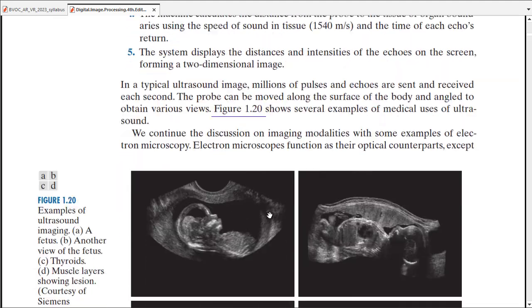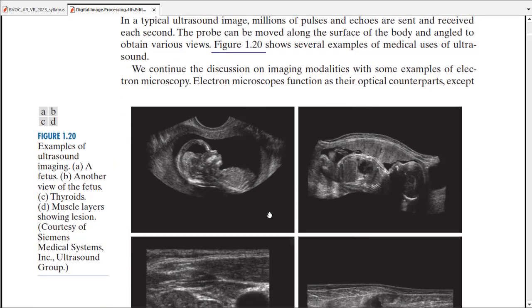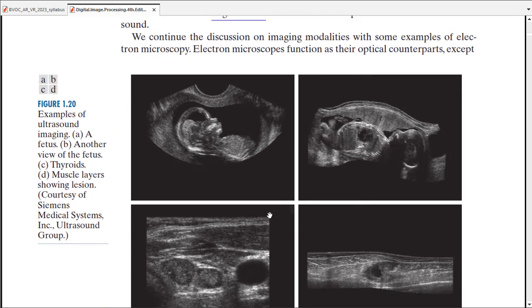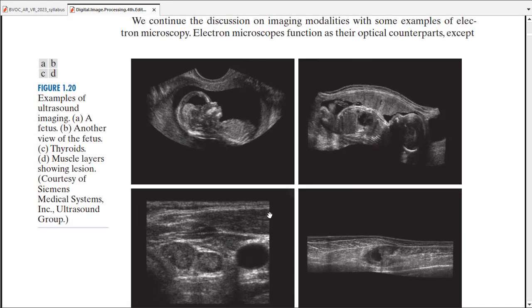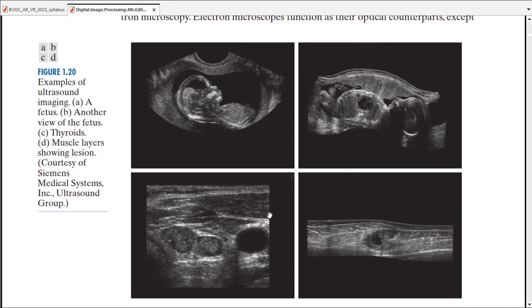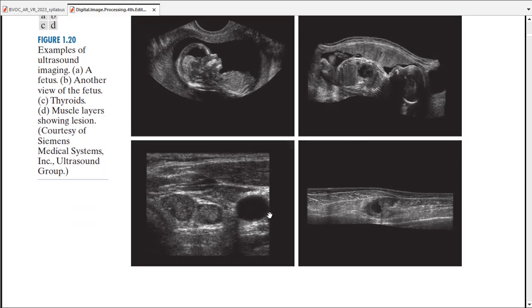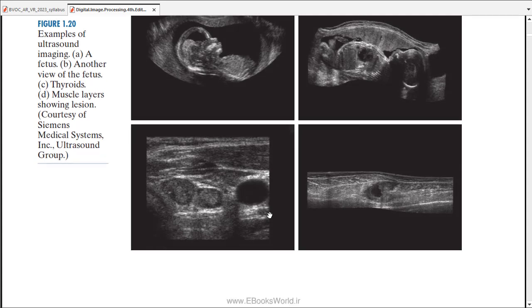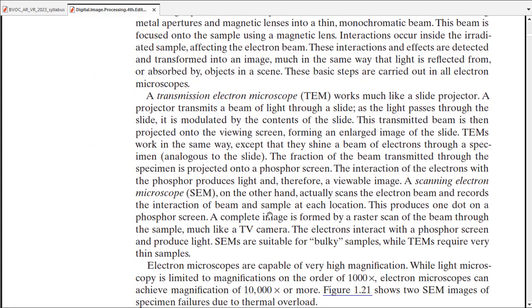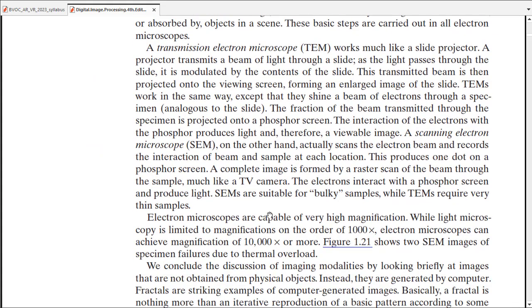There are many types of images. Examples of ultrasound imaging include a fetus, another view of the fetus, and the thyroid or muscle layer showing lesions, courtesy of Siemens Medical Systems ultrasound group. This is a transmission electron microscope, TEM.